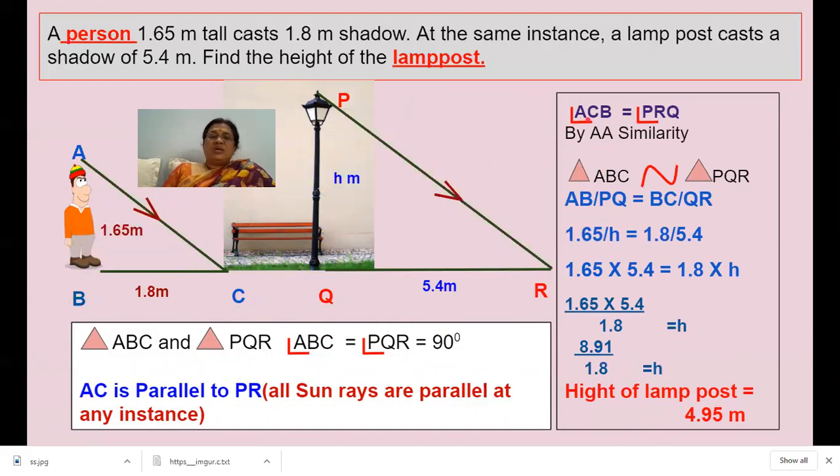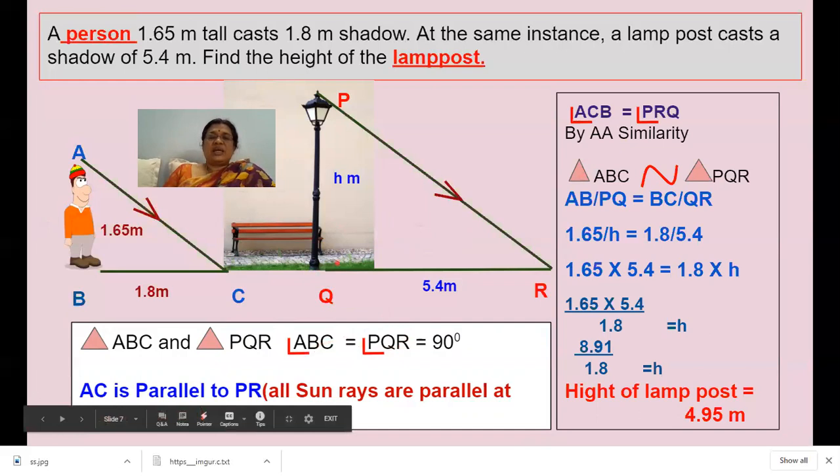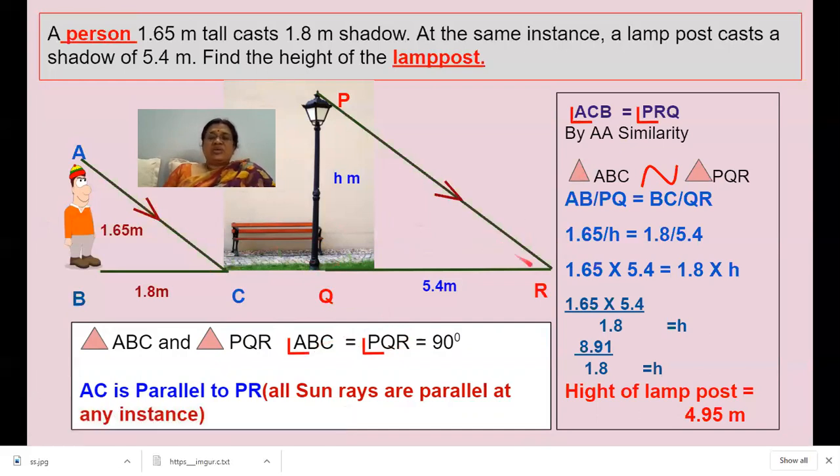These two angles are equal. By angle similarity, when you compare these two triangles, triangle ABC and triangle PQR, the two angles are equal. Here I have shown, see here, this angle will be equal to this angle, and one more angle is also equal.